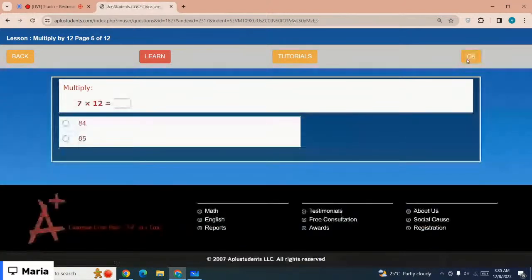The next one is 12 times 7. So 12 times 7 equals... Yes, it is 84. The correct option is 84.